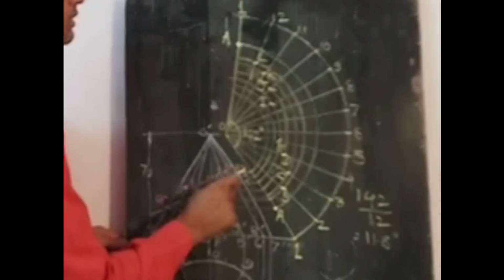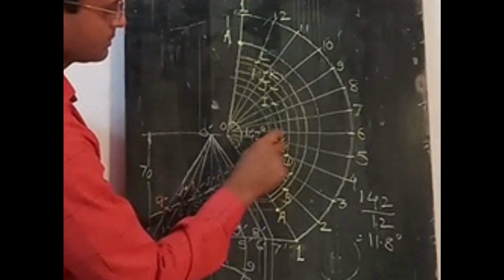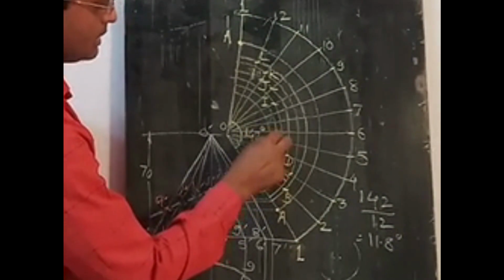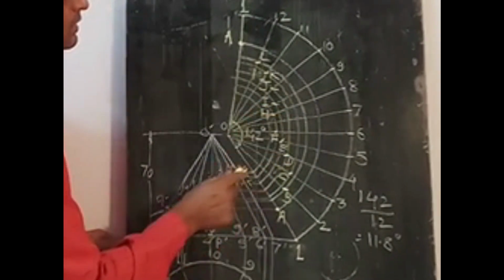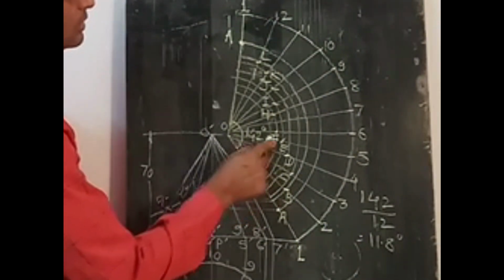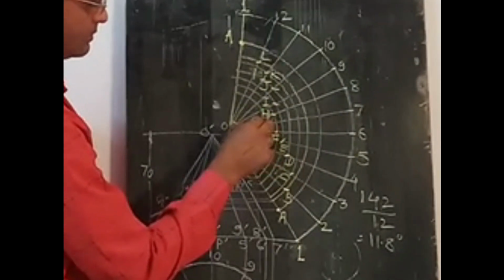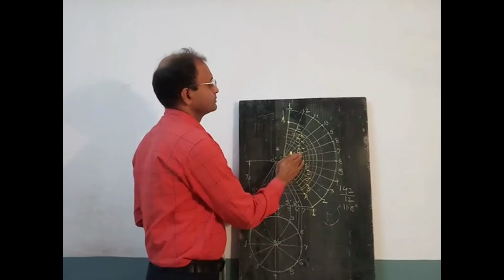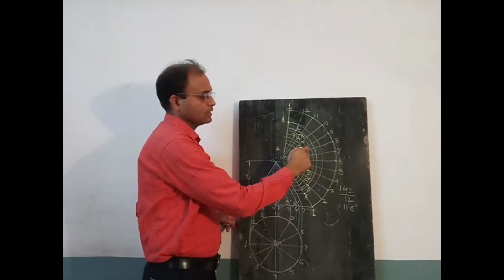Similarly H and F. So F is on 6 and H is on 8. And lastly point G, it is on generator 7. Okay, so this is the way we have obtained all the points on development.